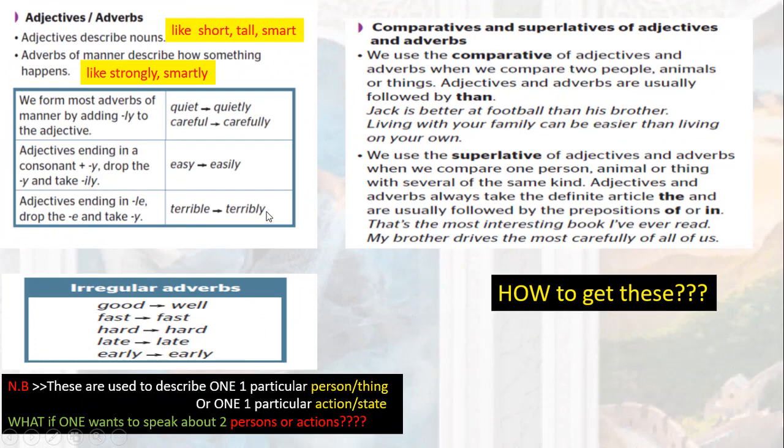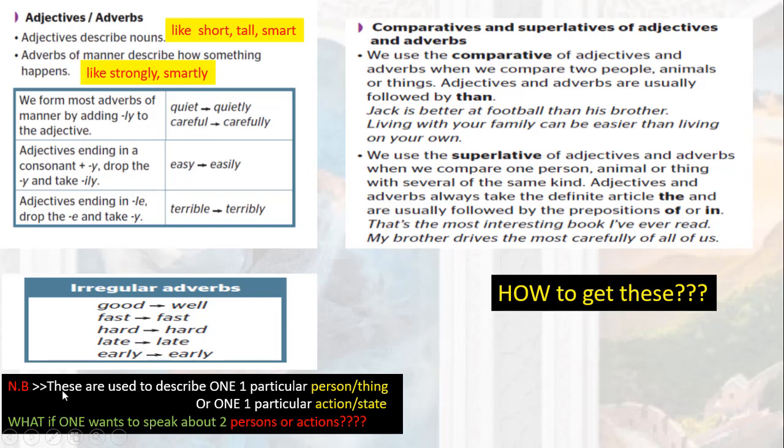Of course, there are many irregular adverbs, like well, which is the matching adverb with good and not goodly. Fast is the same as an adjective and an adverb. The same applies with hard, late, and early.